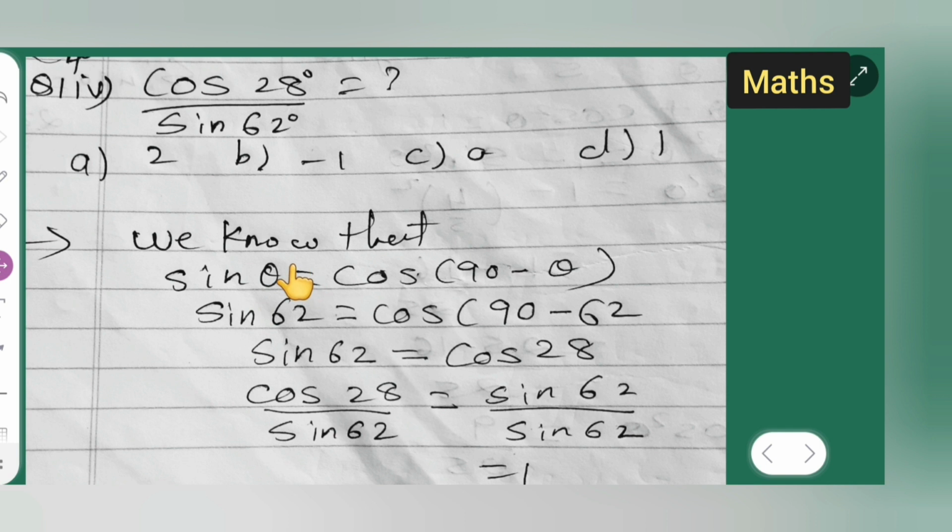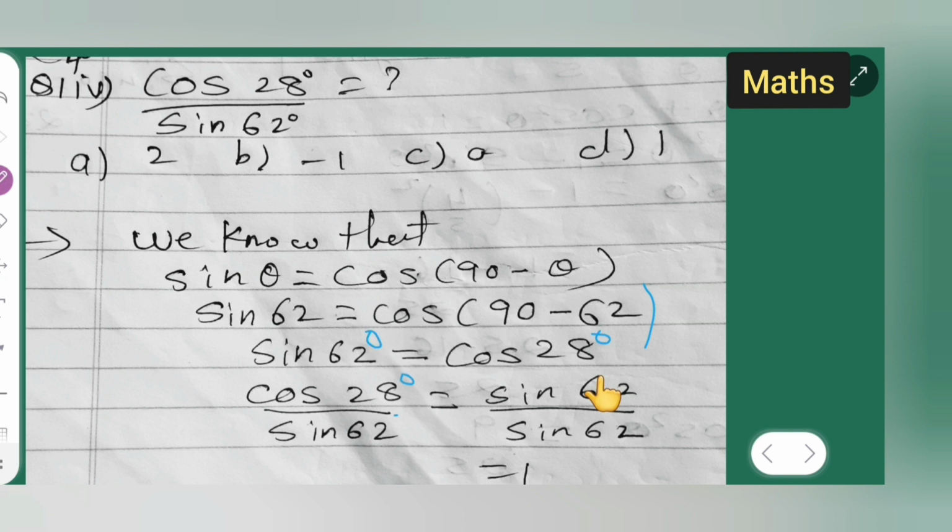This is a formula. So in place of theta, you are placing 62. So sin 62 degree is equal to cos of 90 minus 62, okay, put that bracket. Next, sin 62 degree is equal to cos of 28 degree, since 90 minus 62 is 28. Don't forget to put that degree sign, okay.